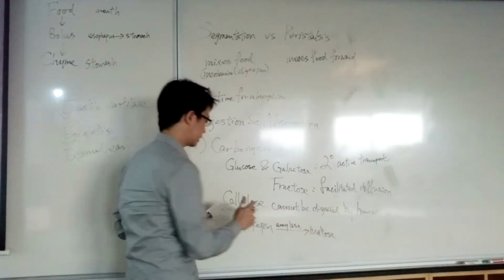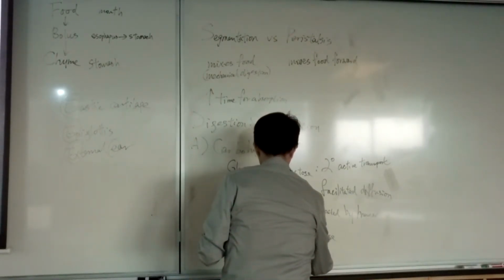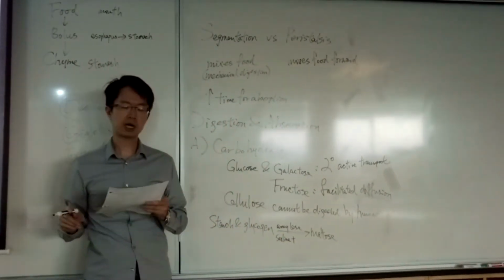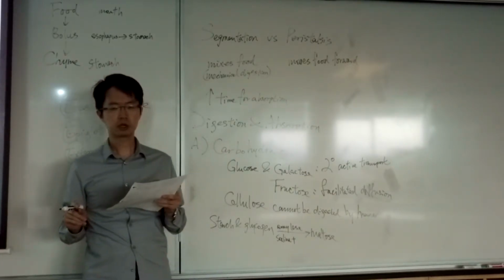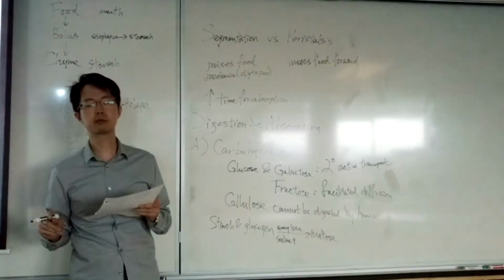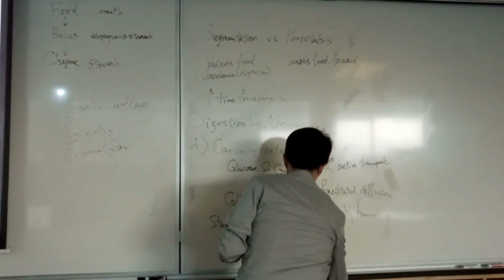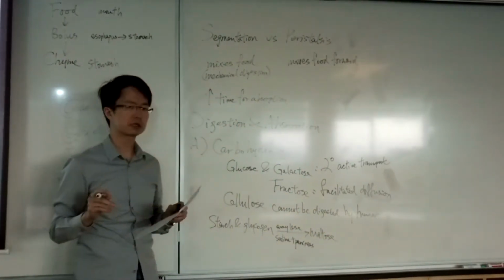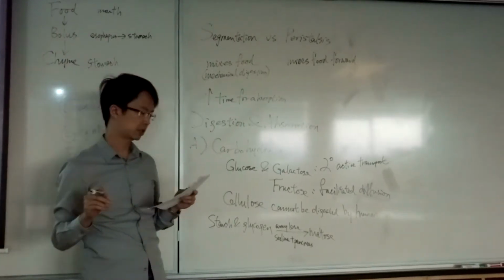One, of course, from saliva. But the majority of the digestion of the starch and glycogen uses pancreatic amylase. So the pancreas secretes a lot of amylase to digest the starch and glycogen.